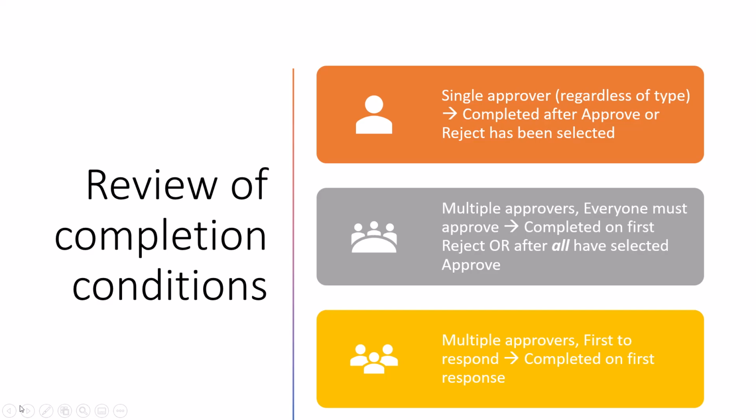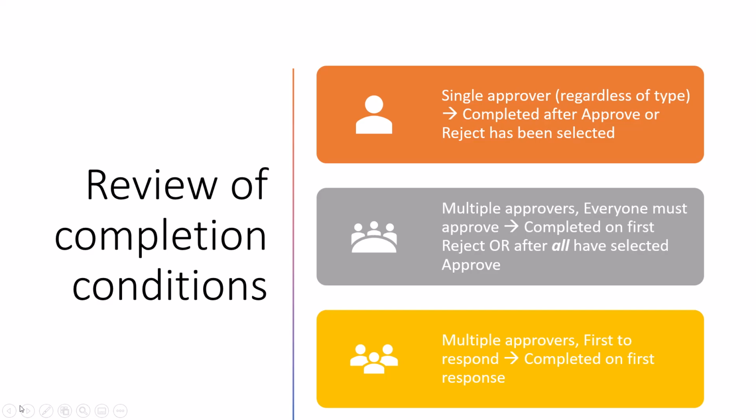When you have multiple approvers, this means that in the assigned to field, you're either hard coding multiple people or you're passing a variable or some semicolon separated string of user emails or UPNs. Then the type makes a difference.